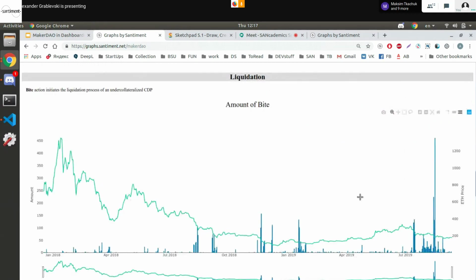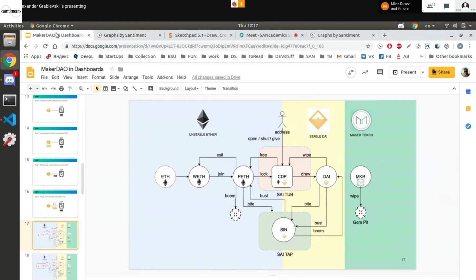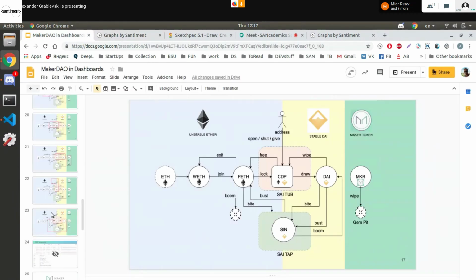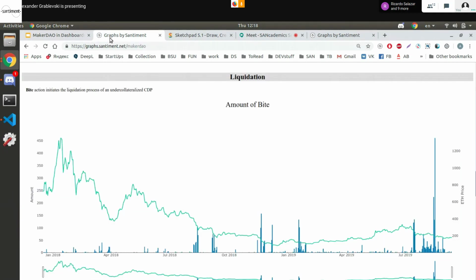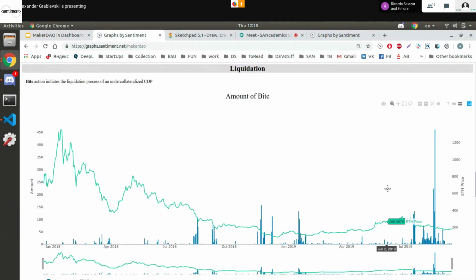Next thing is liquidation. Liquidation is, as you have remembered, this long process that happens here. And that shows you how CDPs are liquidated. We see some spikes in liquidations, but basically most of the time it happens not more than 1 or 2 liquidations per day.